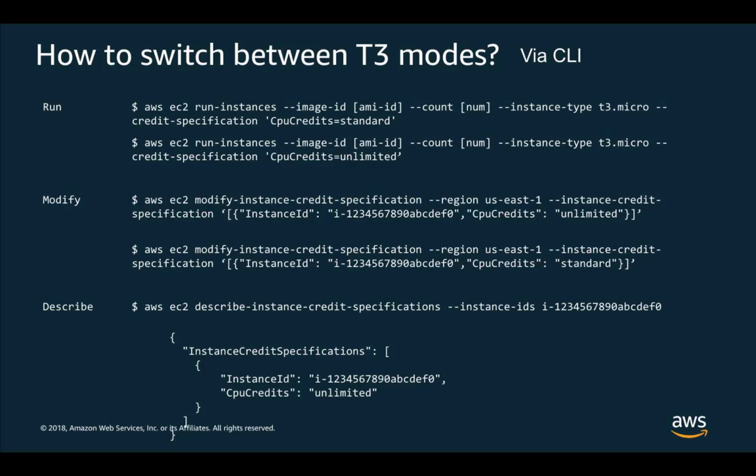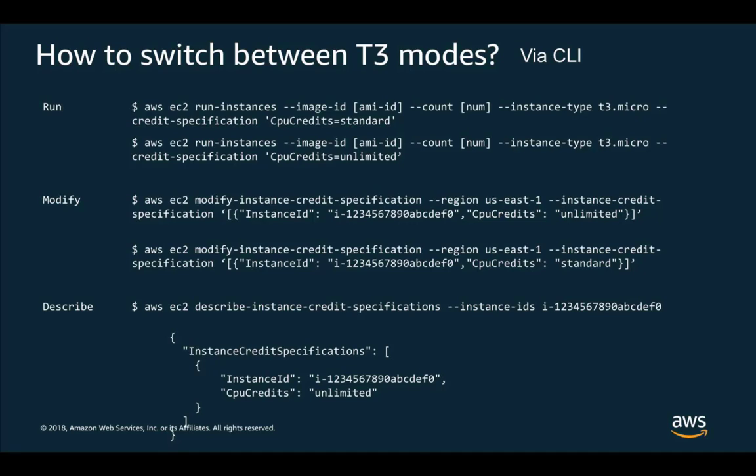So I also wanted to share some commands on how to switch between T3 modes from the CLI. If you want to fire up a T3 instance of a particular size from the command line and specify it to be standard, here you just say CPU credit attribute to be standard or unlimited, and then the instance will launch in standard or unlimited mode.